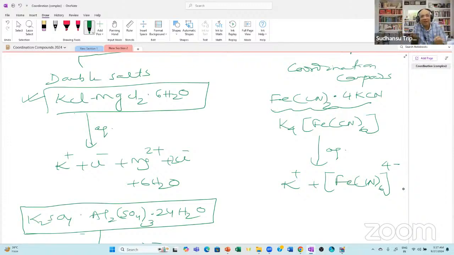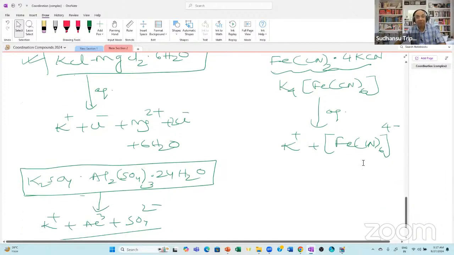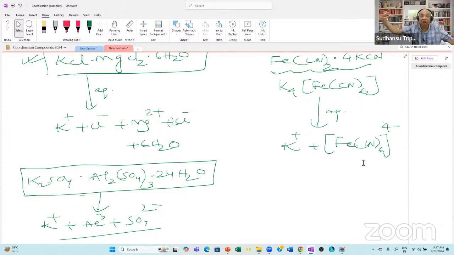But since there will be ionic equilibrium, there will be some infinitesimal small quantity of ferrous ion, cyanide ions will be there in equilibrium with the elephant ferrocyanide ion. But 99.9999% of ferrous ion and cyanide ion have been complexed, have been bonded by covalent bond, and that is coordinate covalent bond or additive bond.